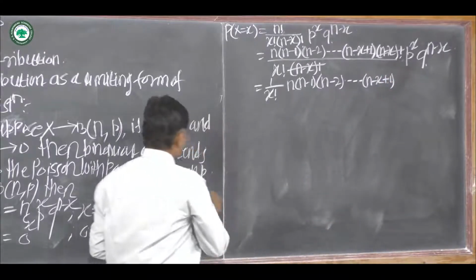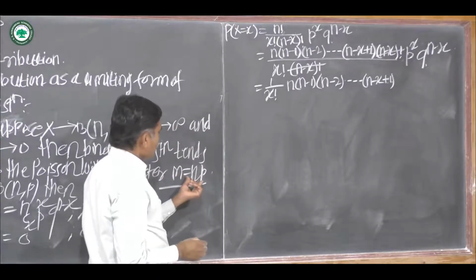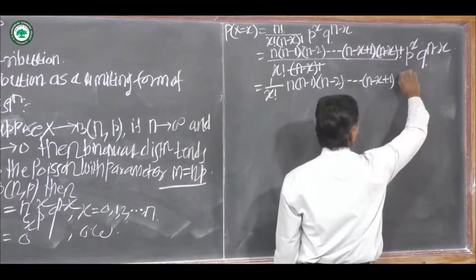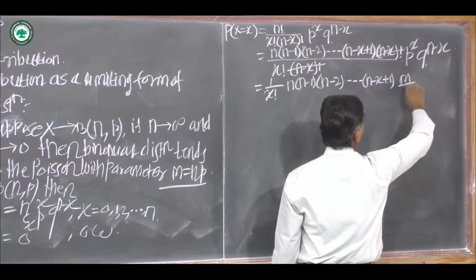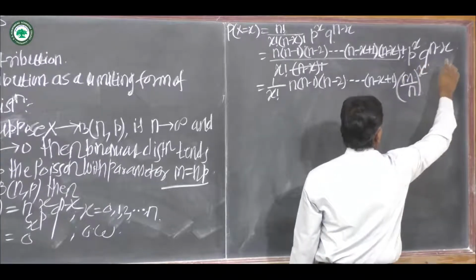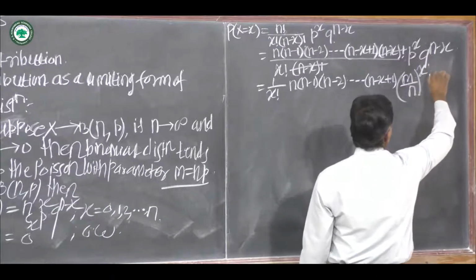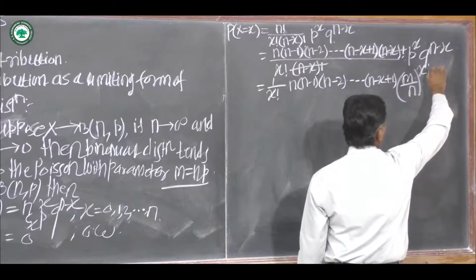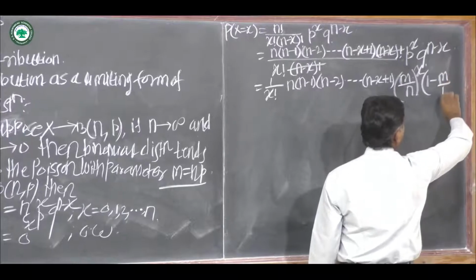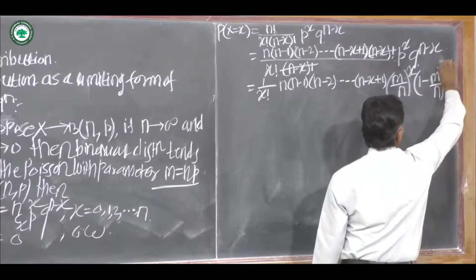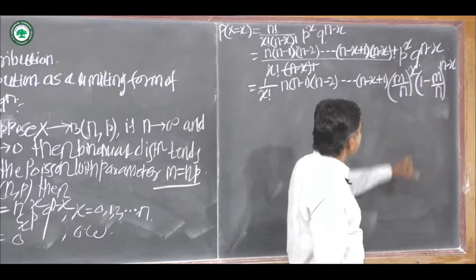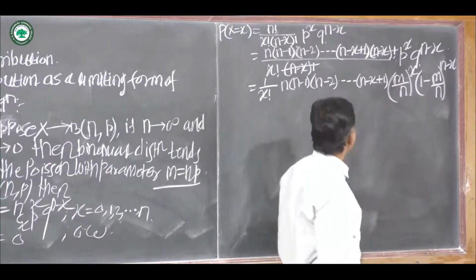We know that m is equal to n p, so p is equal to m by n. Here it is (m upon n) raised to x into (1 minus m by n) raised to n minus x. q is equal to 1 minus p, that is p is equal to m by n.